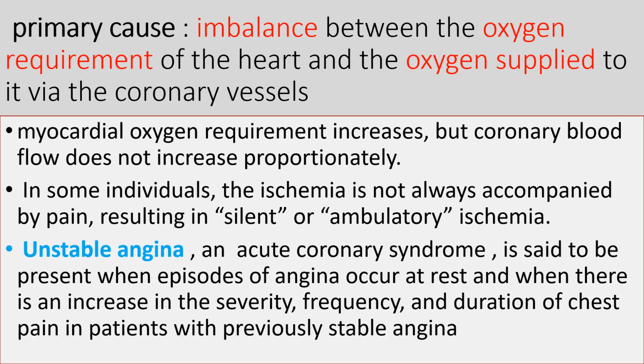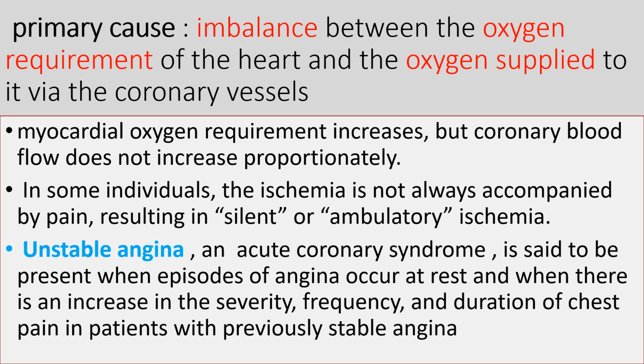So, what is the conclusion? The primary cause is an imbalance between the oxygen requirement of the heart and the oxygen supplied to the heart via the coronary vessels. Normally, whenever myocardial oxygen requirement increases, the coronary blood flow also increases, but in angina this doesn't happen, and the coronary blood flow does not increase proportionately.